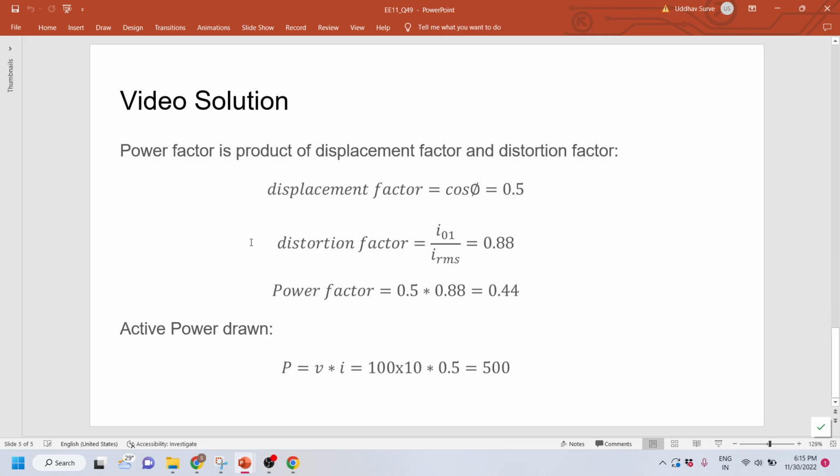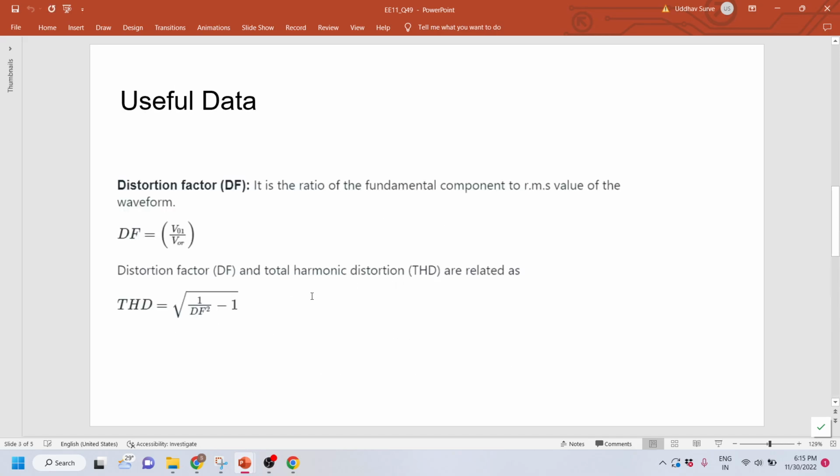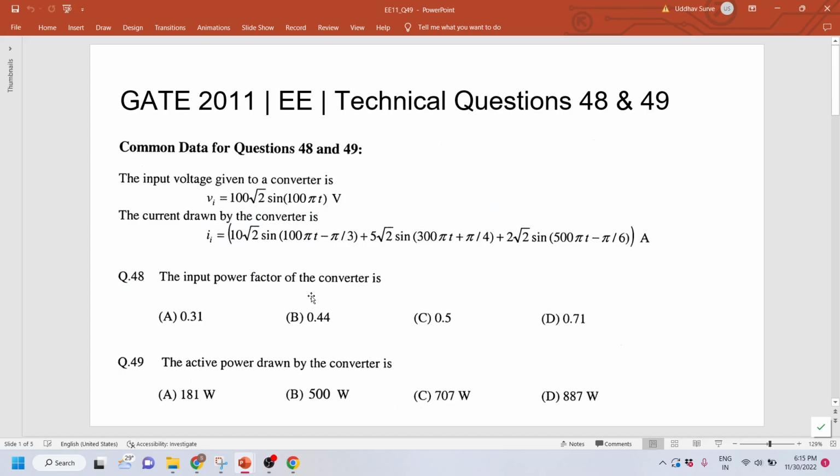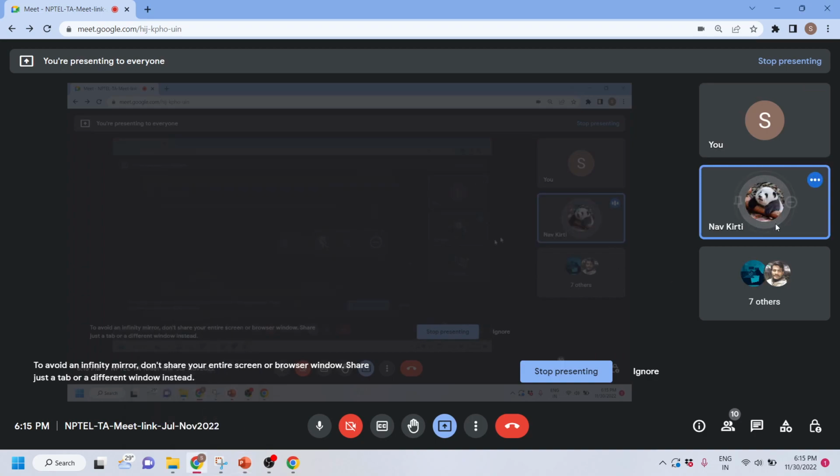So displacement, distortion, power factor and active power drawn, these concepts are important from a power electronics and power systems perspective, from the inverters and rectifiers topic. Fine. So these were the four questions I planned for today. Any doubts?